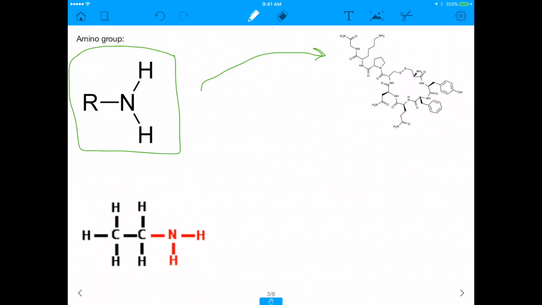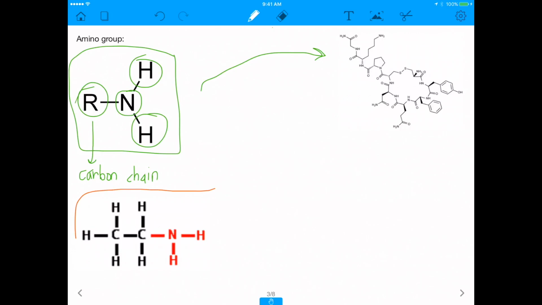It's basically a nitrogen atom in the middle, and it can be connected to one carbon chain, which is this R. Remember, any R you ever see is always a carbon chain, okay? So this is a carbon chain, and in this case, the nitrogen is connected to 2 hydrogens. But these 2 hydrogens can also be carbon chains, it's just that in this situation, we have them as hydrogens.